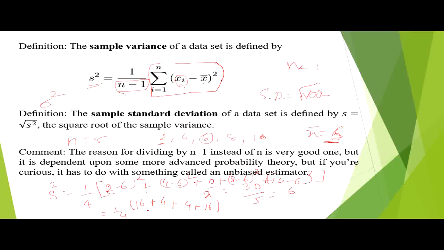So 20 plus 20, 40, divided by 4, your variance is 10. Variance is 10 and the square root of variance is the standard deviation. Standard deviation is sigma, the square root of 10, which is around 3 point something. You can take a calculator and check the square root of 10.